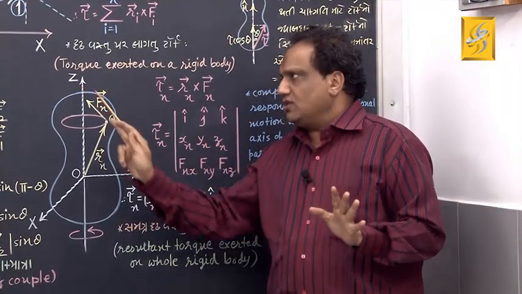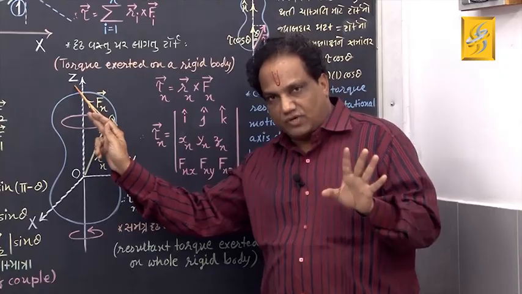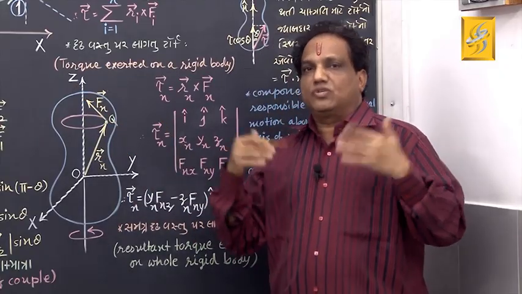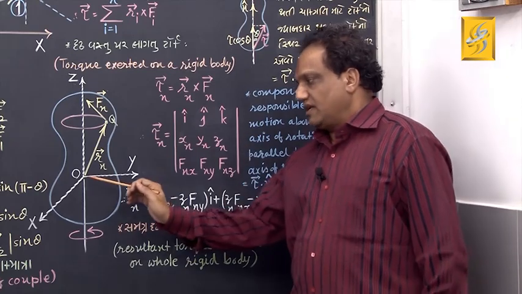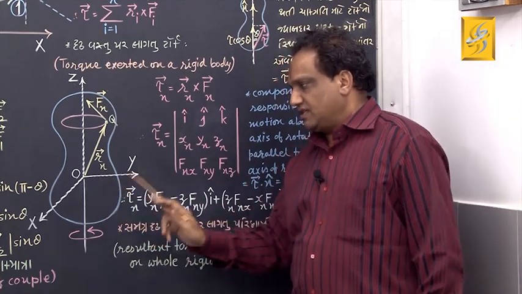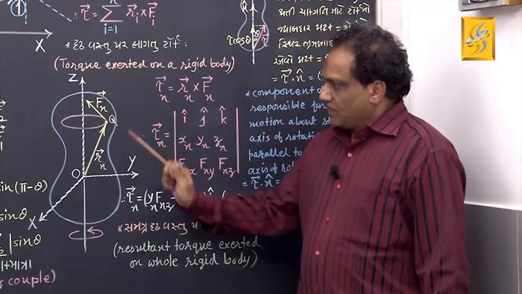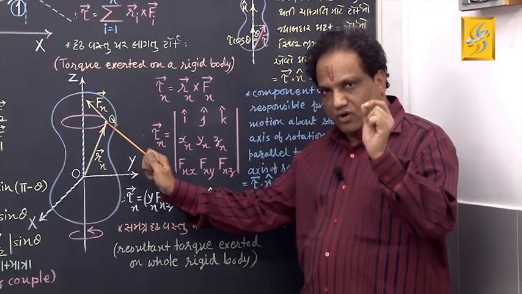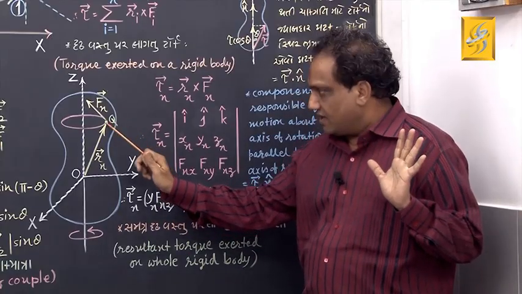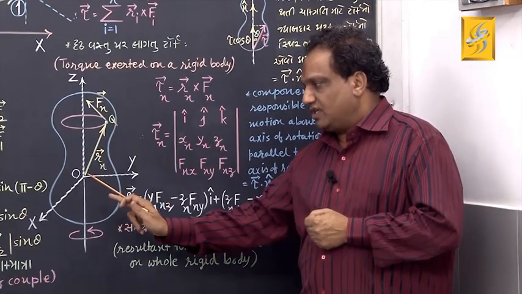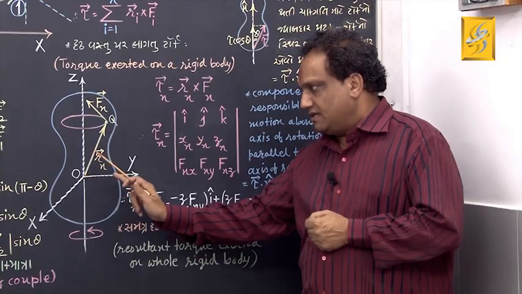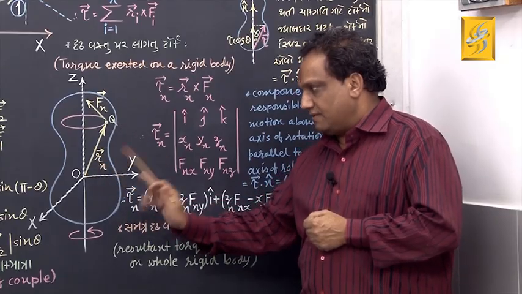It is not necessary to take these as the z axis only, but we go according to the textbook. In the textbook they have taken this as the x axis, this one as the y axis, and this as the origin. Now consider any one of the constituent particles, say particle n, and the position vector of this particle with respect to the origin is vector Rn.